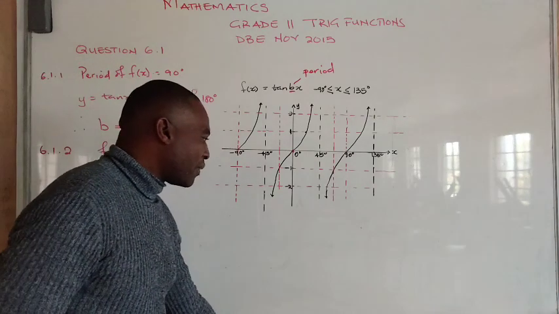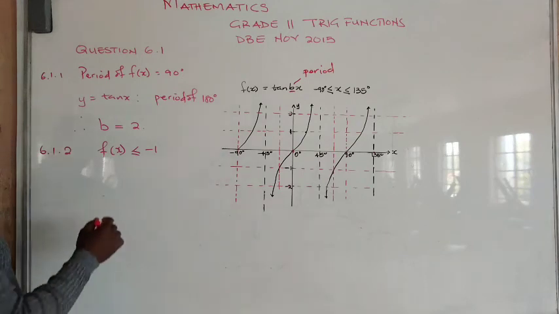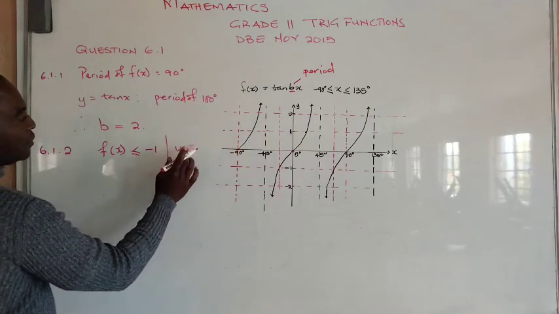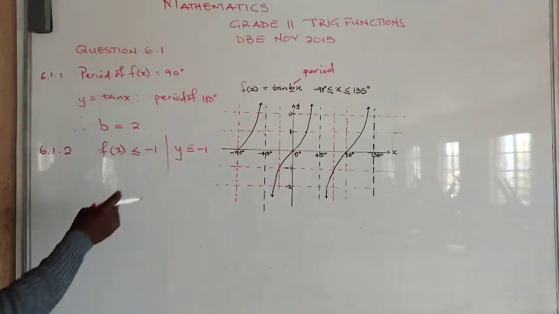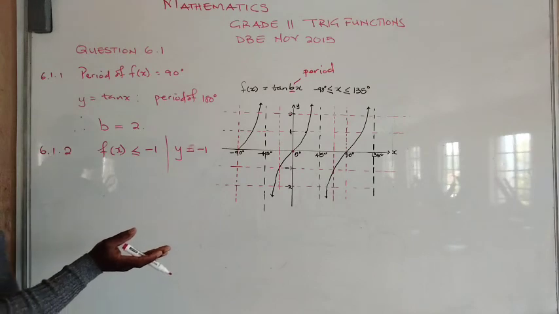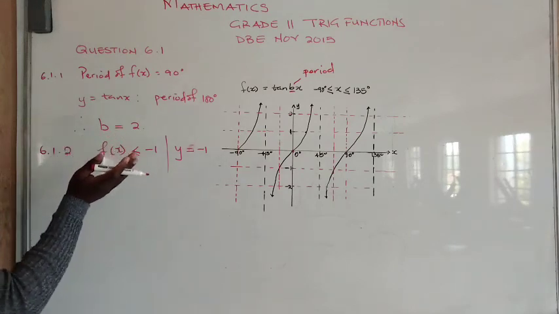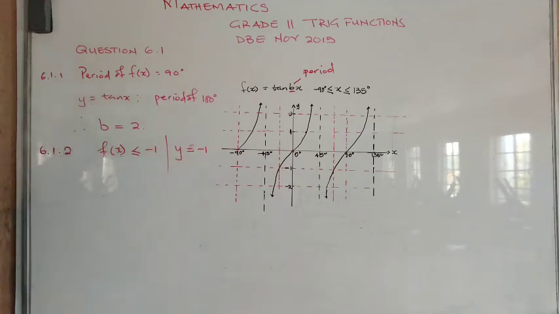Now, we are saying we need to draw the line y is equal to -1 to provide the boundary line whereby f of x will be greater than -1 and where f of x is less than -1.